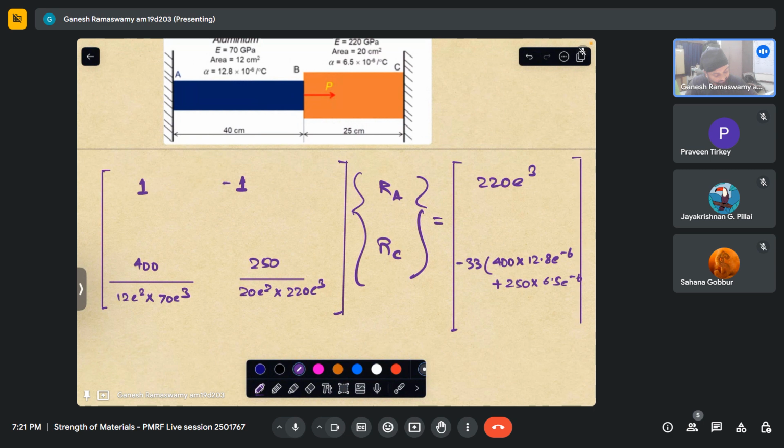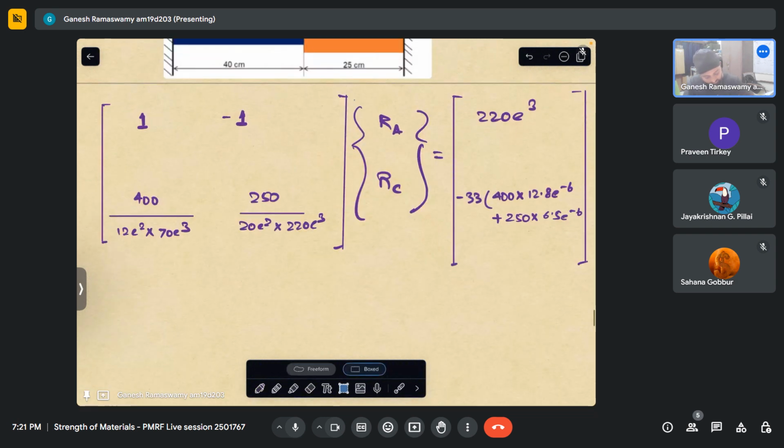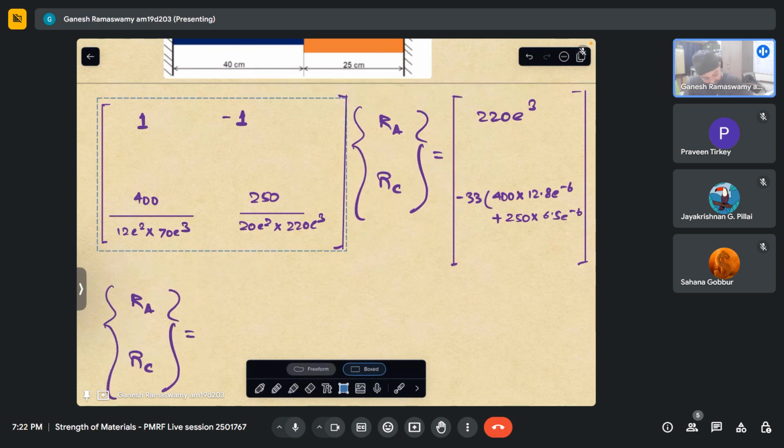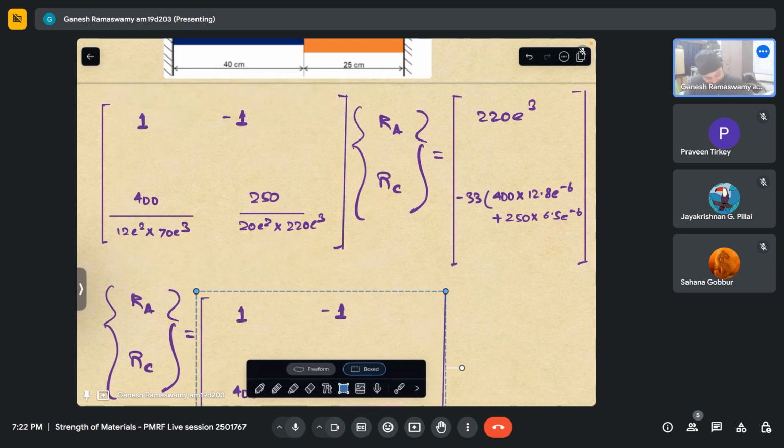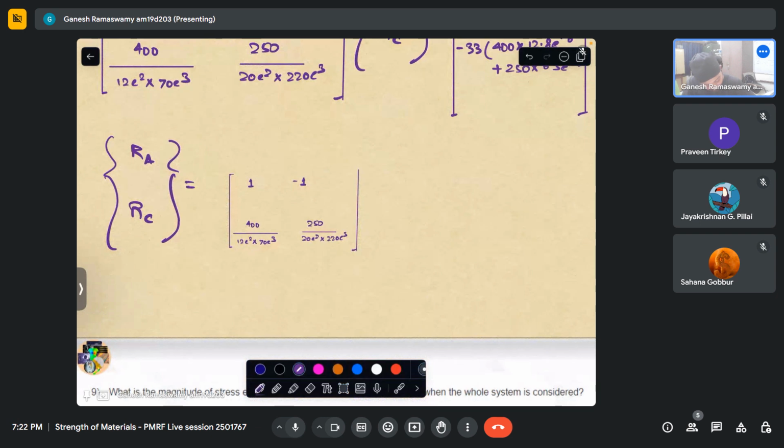We can do that using a calculator quickly. So this quantity will be nothing but the inverse of this, inverse into this.